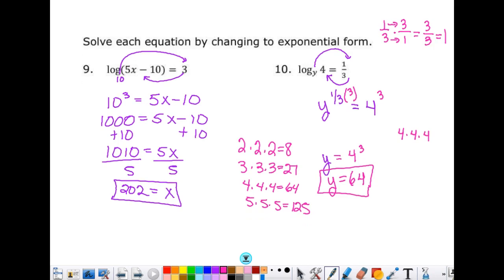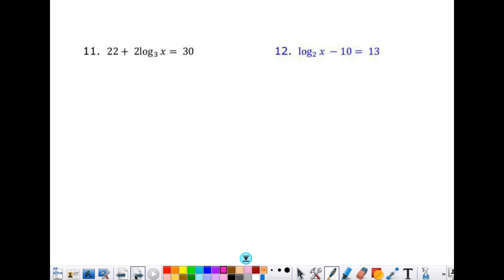Okay. 2 more, I think, and then we're done. So we're trying to solve for this x right here. What do you see first that we might could do? The 22, right? We need to get rid of that 22. How do we get rid of it? Yeah, it's a positive 22, so we're going to subtract 22 from both sides of the equal sign.